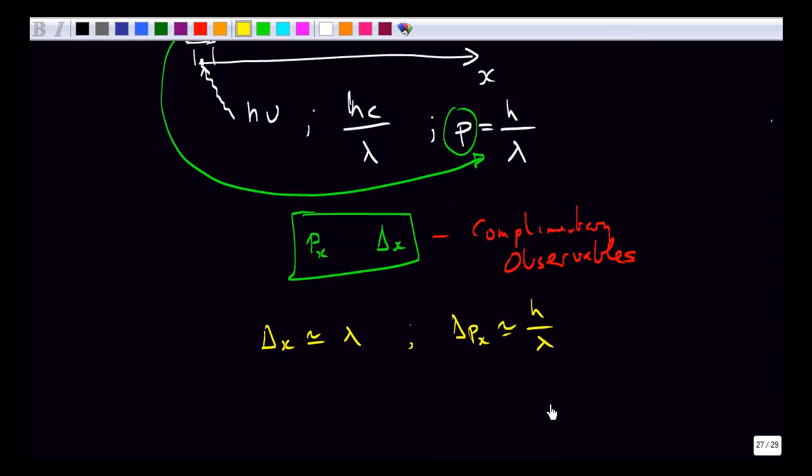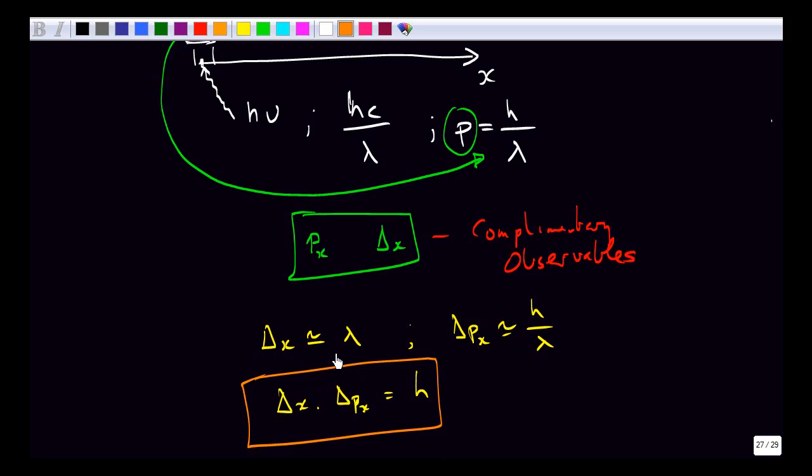So if you then do the product, delta x times delta p sub x, what you find is that it is equal to h, Planck's constant. And this in essence is the Heisenberg relationship. It's formally given as greater than or equal to h over 4 pi.